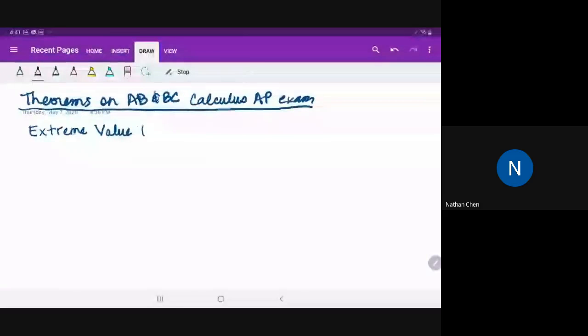So extreme value theorem is very important. Extreme value theorem says if you have a continuous function, that's the only requirement.